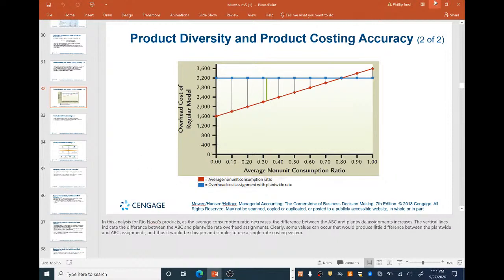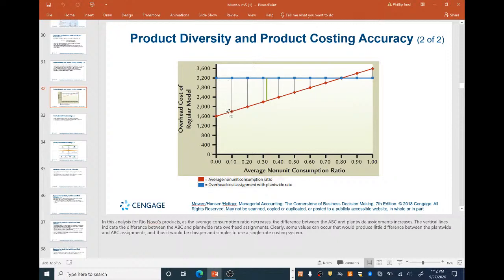So obviously we can see by looking at this analysis that as the average consumption ratio decreases, the lower the numbers, the farther down this line it's going to be. So as it decreases, the difference between the activity-based and the plant-wide assignments increases.